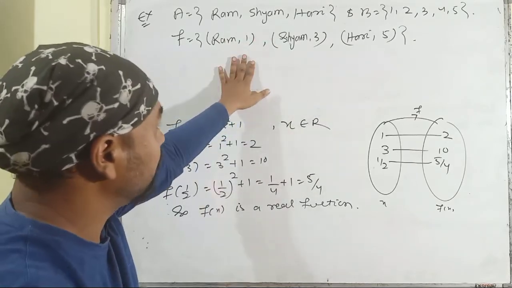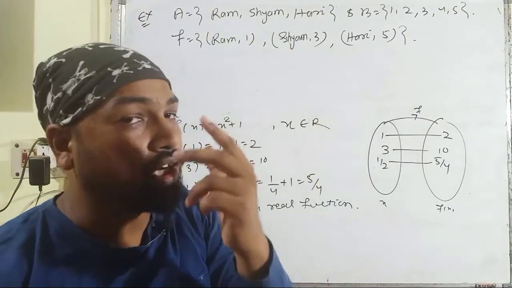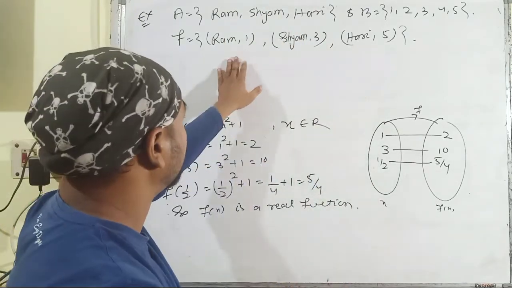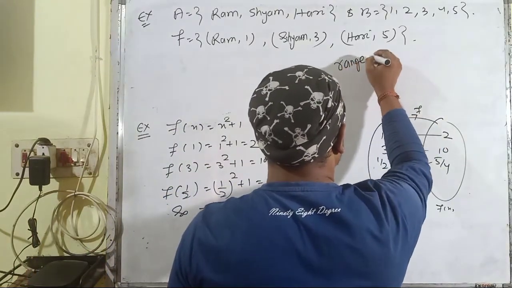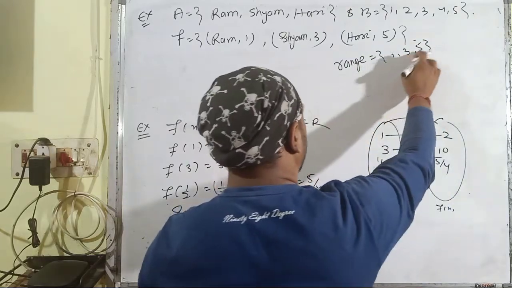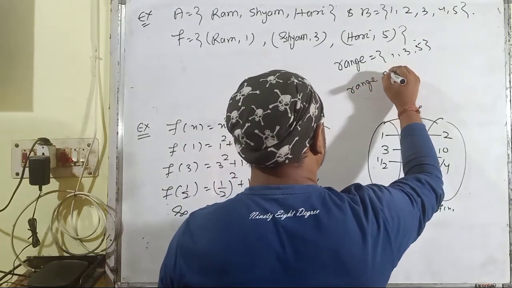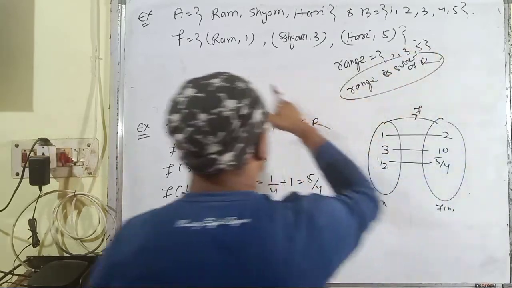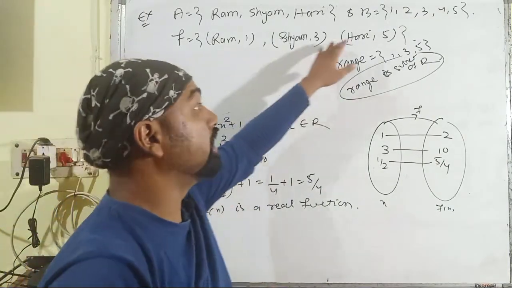And here you can see that the domain contains 3 names, not numbers. So the domain is not a subset of the real number set, but you can say that the range here is 1, 3, 5. All the three numbers are real numbers, and you can say that the range is a subset of R. But in case of the domain, the domain is not a subset of R because the domain contains three names.